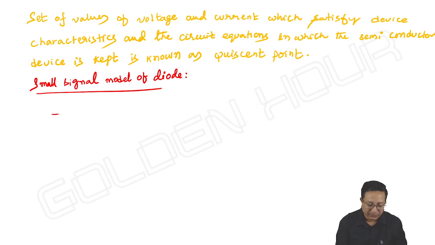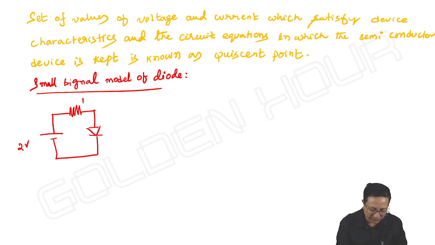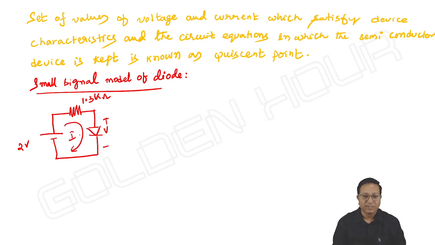Let's say this. Suppose I have a simple PN junction diode circuit like this. It is 2 volts, 1.3 kilo ohm, and V is the voltage across the diode and I is the current flowing through the diode.